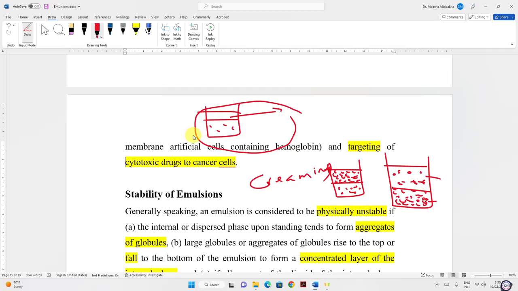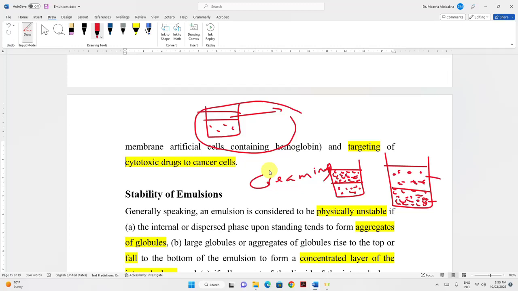This will not be possible, and you will have to maybe reprocess it, add another emulsifying agent in order to try and get the emulsion back to what it was. So it's not reversible. Aggregation and creaming are reversible, but coalescence and breaking is not reversible.